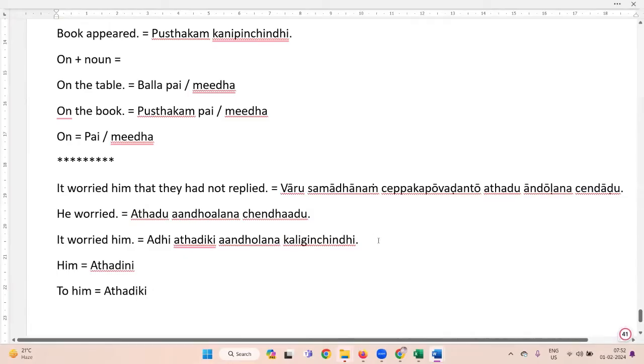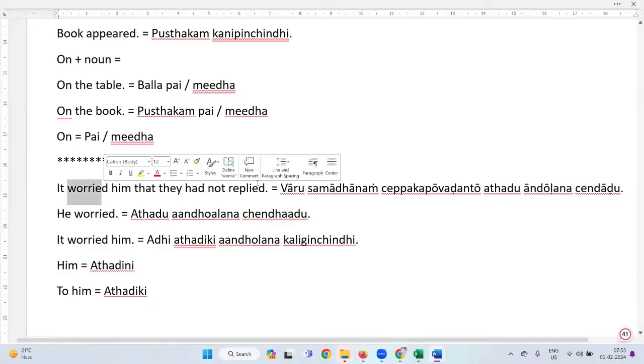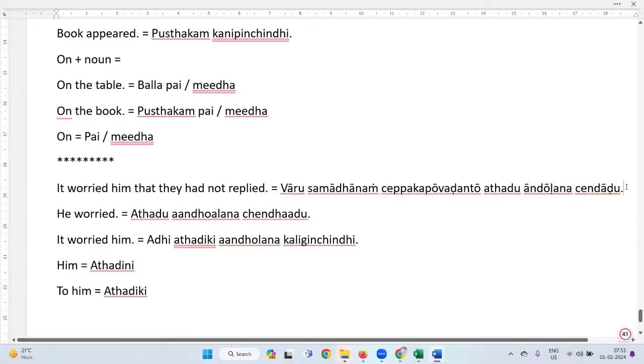So this meaning we used here. We used this first sentence meaning only. Atadu ఆందోళన చెందాడు, but like he worried that they had not replied. That can be the sentence, but in the example from internet, it's okay, contextual meaning, this is also fine, but this is not word to word translation, but this is like contextual meaning we can use.